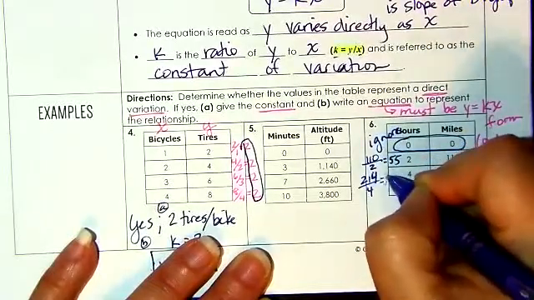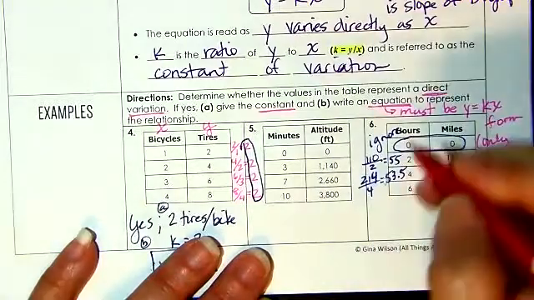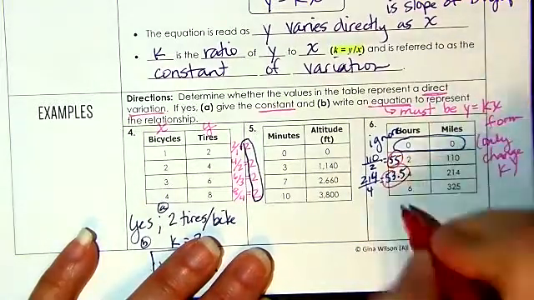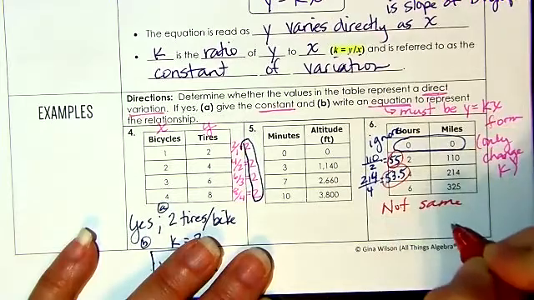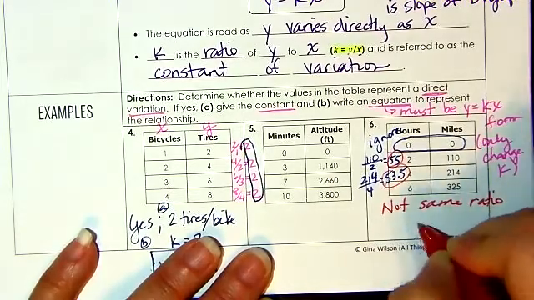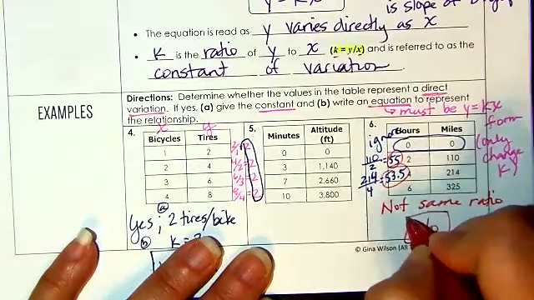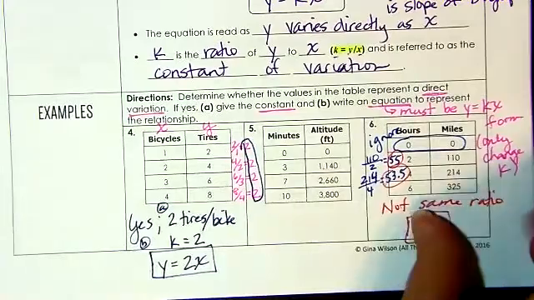Eraser's not very good. That is 53.5. These are not the same. So therefore, this is not the same ratio. So therefore, the answer here is a no, and I don't have to go any further. Again, if you've got a question, rewind or come ask me.